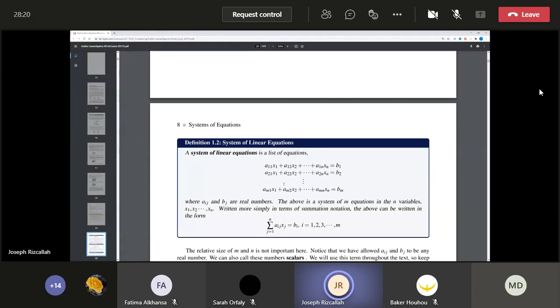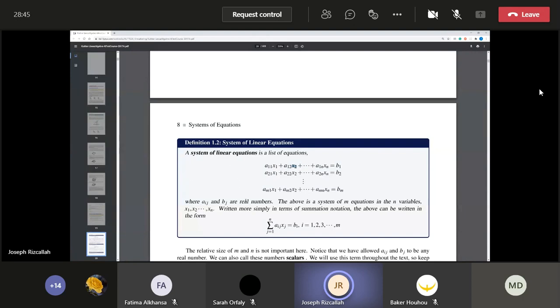So x1 is just our old x, x2 is our old y, x3 is z, and x4 is something else, x5 is yet another unknown, and so on. So now the unknowns are labeled x1, x2, up to xn, and the equations are labeled 1, 2 to m. So there are m equations and n unknowns.